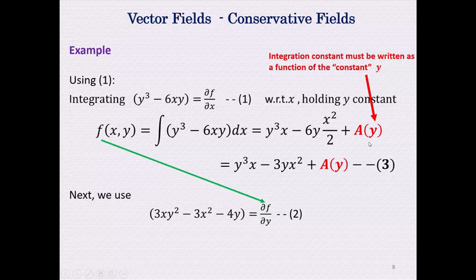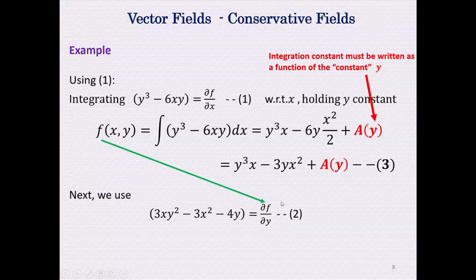Finally, we add an arbitrary constant. A word of caution, we usually write a constant term, say a, for the integration constant. But here we are doing partial integration with respect to x in the presence of y. So the arbitrary constant must be written as a function of y rather than just a constant. So please keep this in mind.